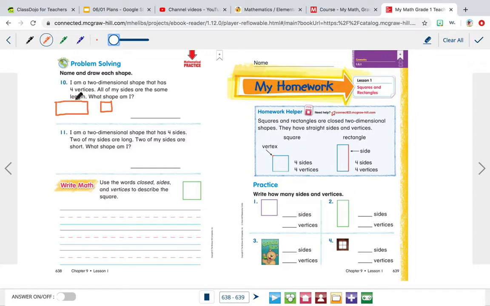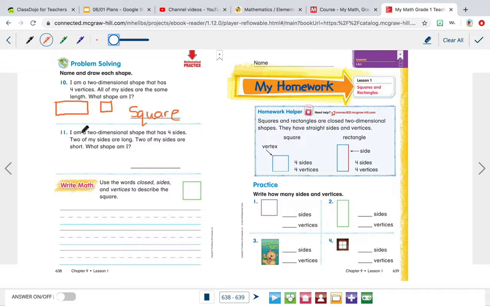These two are short and these two are long. So not all four sides are the same length. So we can't say that it's a rectangle. A square, this shape is a square. And that's because a square has 4 vertices and 4 equal sides.